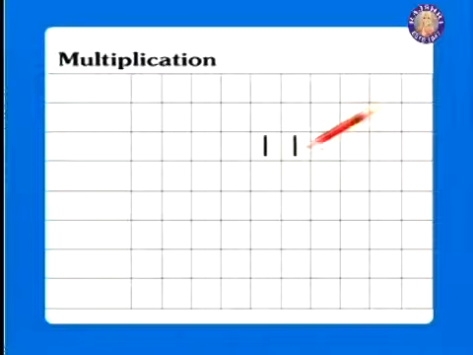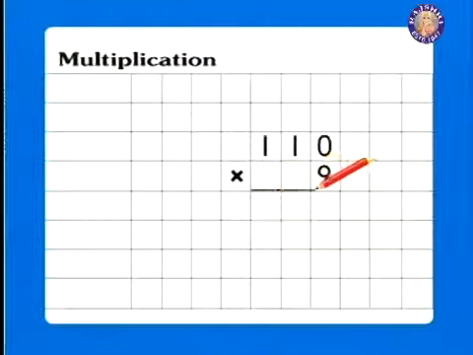Okay, let's get down to the nitty-gritty. In the next part, we multiply a 3-digit number by a single digit, like 110 times 9. I am sure you remember that any number multiplied by 0 gives 0 as an answer.